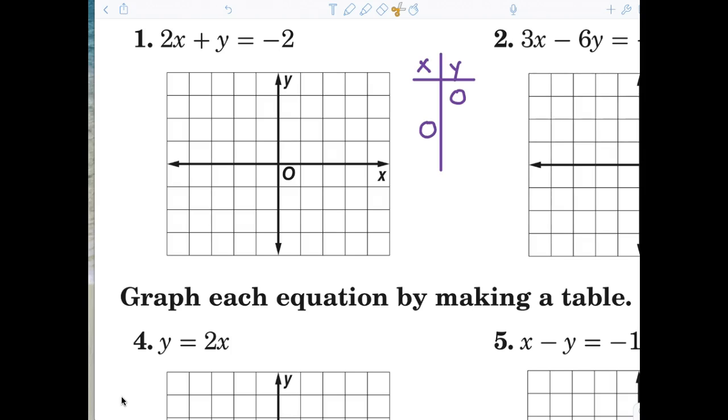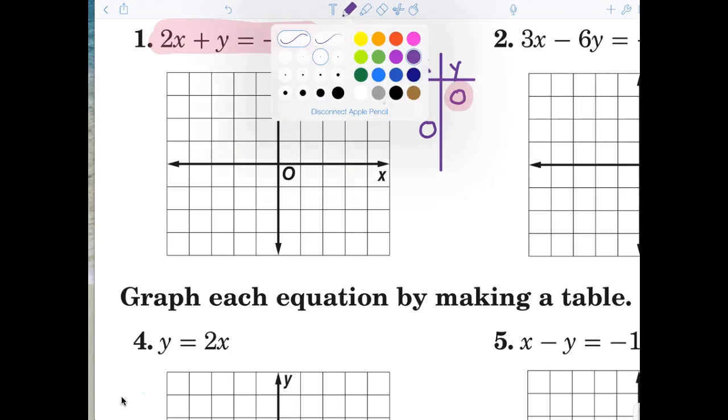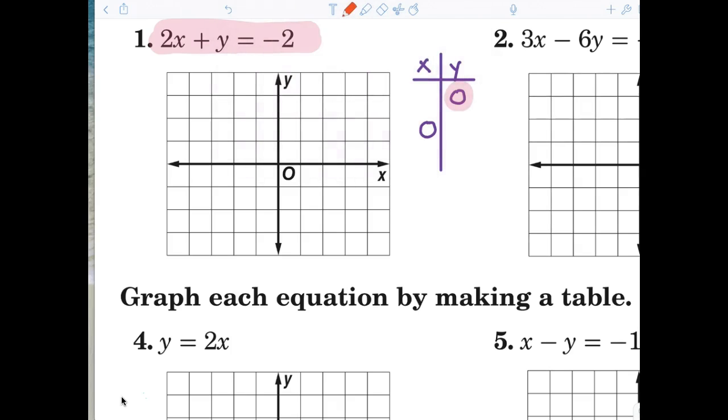If this is my equation, and I tell you that the y value is 0, I know that the x value will be -1. Before you ask how I did that, I want you to think about what I said. If the y value is 0, x is what? -1. And how did I get that? What did I do?